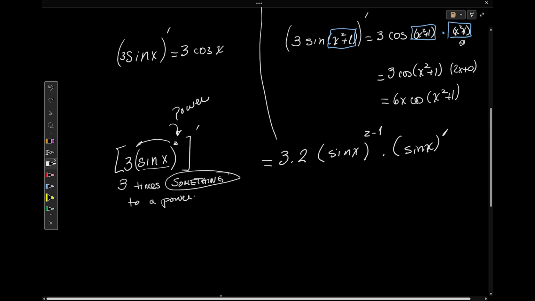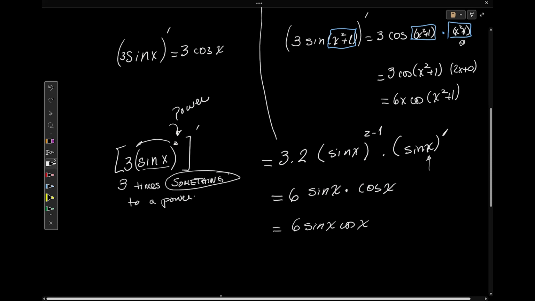I just followed the rule. Now, whenever I get to this point, now I'm concerned about what's going on over here. So this is 6 sine x times the derivative of the sine of x, which is just the cosine of x. And now I have 6 sine x cosine x. You can simplify them using a trig identity, but this is good.